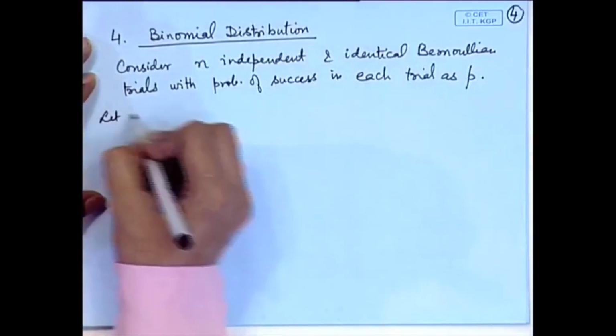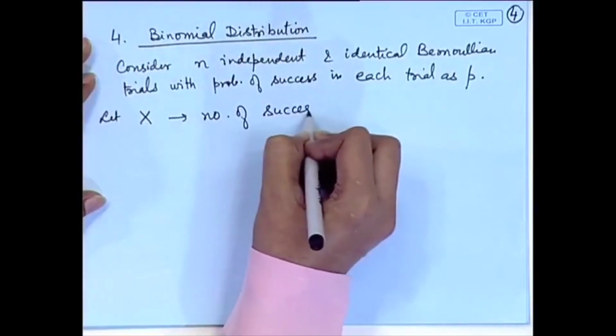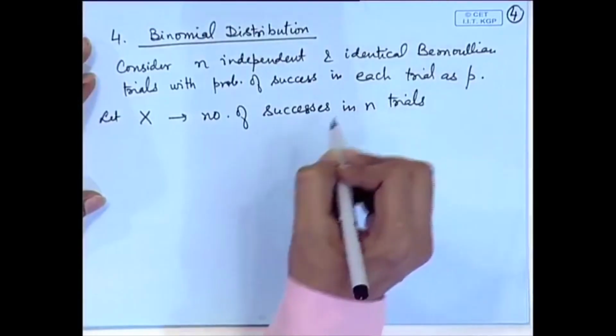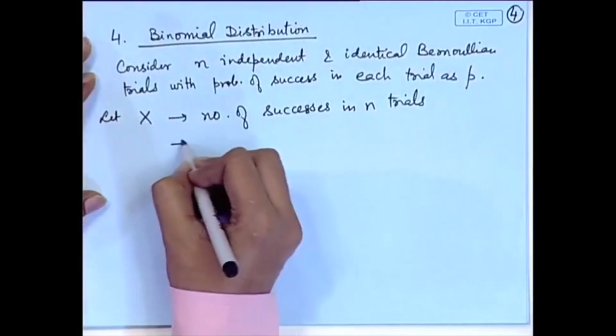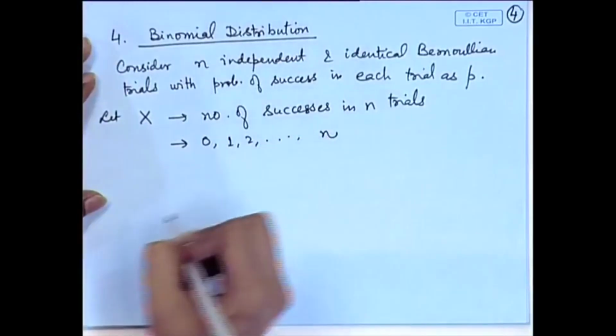Let us denote by x the number of successes in n trials. Then what are the possible values of x? X can take values 0, 1, 2, up to n.